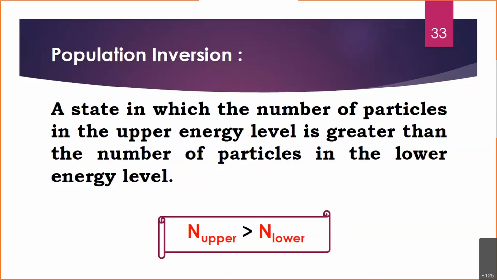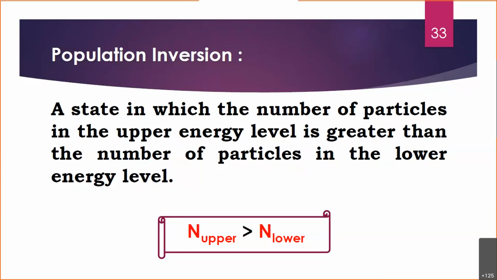But what is generally happening in a normal scenario, as we also discussed, is that atoms try to stay in the lower level, in the comfort zone basically, and very few will be in the higher state. But to generate laser light, we require just the inverse case. That means the number of particles in the upper level has to be large compared to the lower level. If you achieve this, this state is known as population inversion.